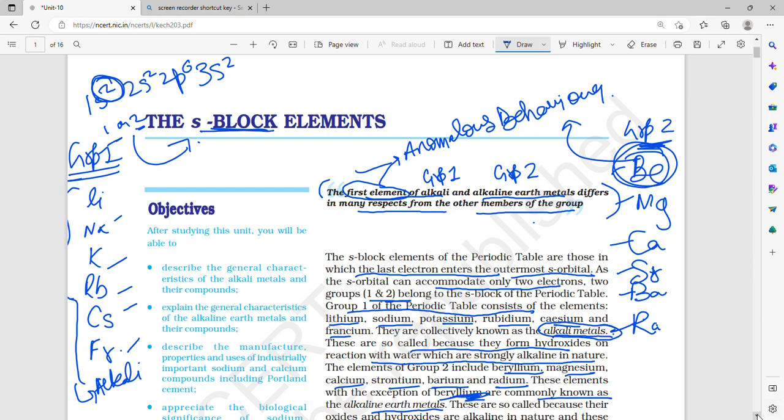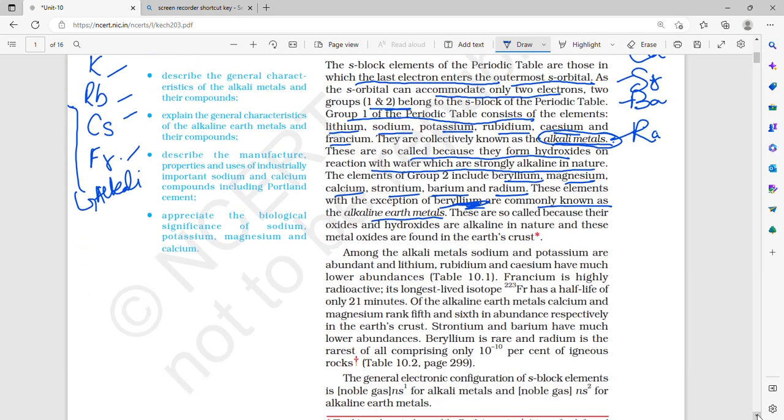So the group 1 elements of the S block are known as alkali metals because they form hydroxides on reaction with water, and these hydroxides are strongly alkaline in nature. And the group 2 elements are known as alkaline earth metals because their oxides and hydroxides are alkaline in nature, and these metal oxides are found in the Earth's crust.